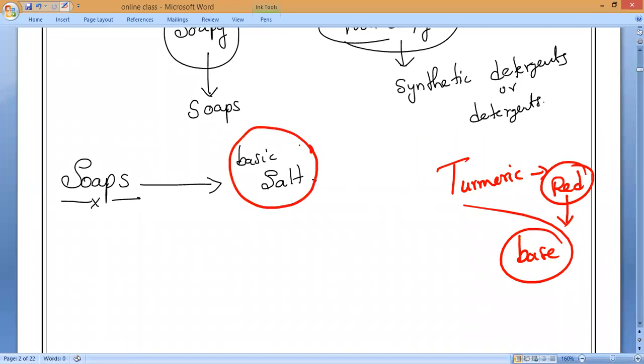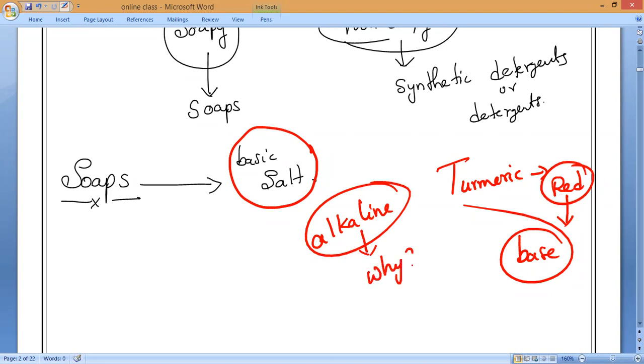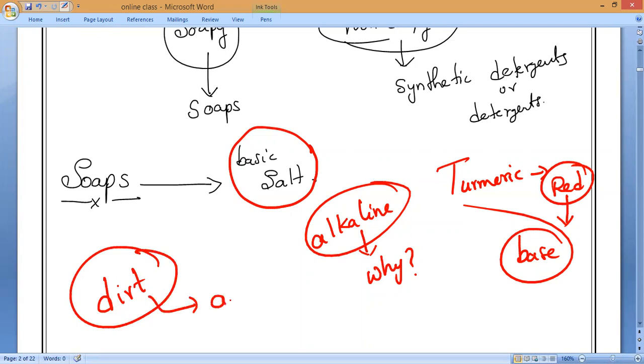Soaps are basic salts because they are made with alkali. Why is it made with alkali? That is the question. The reason is that the dirt or stains on our oily body surface, released by our body, are acidic in nature.